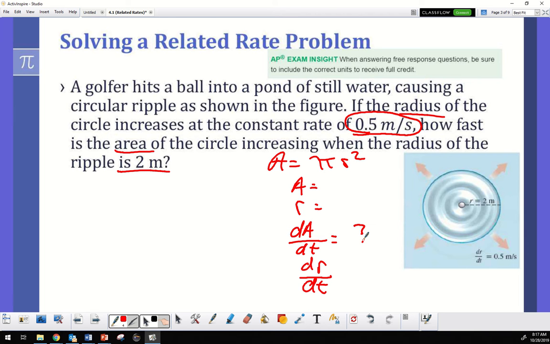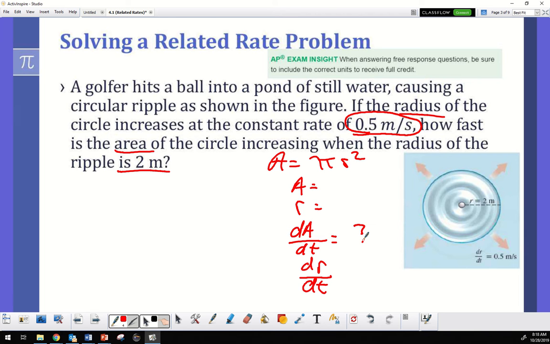If you notice, I went through and labeled everything I could, listing out what I have. So what do you think that 0.5 m/s means? The radius of the circle increases at a constant rate of 0.5 meters per second, right? So, constant rate, that's a rate of change, isn't it?